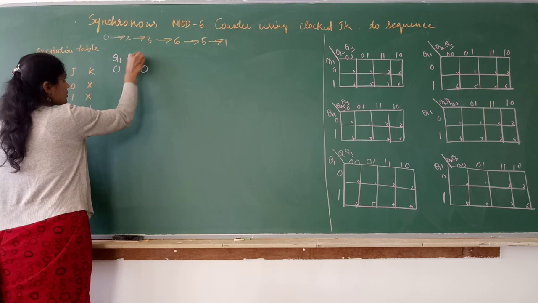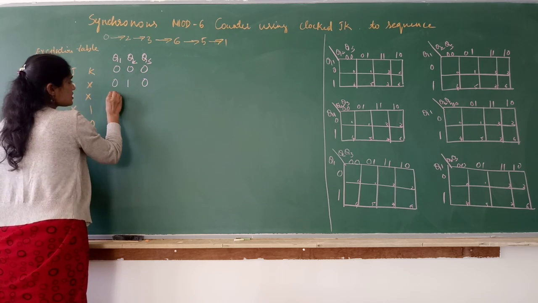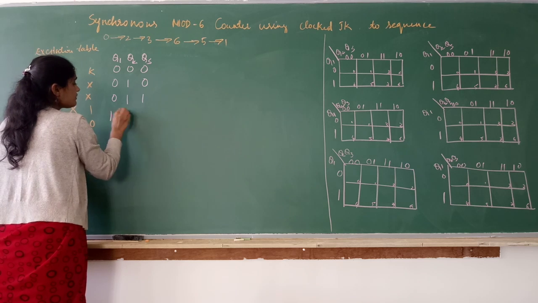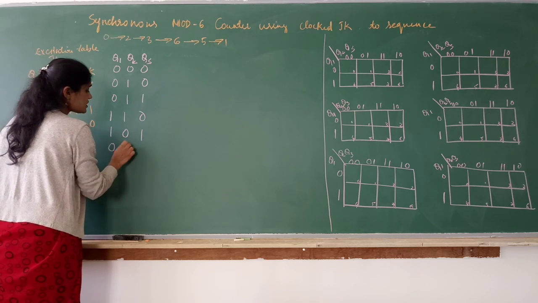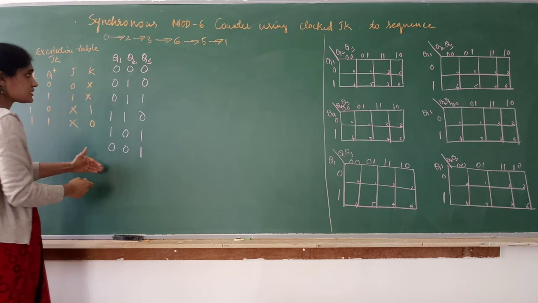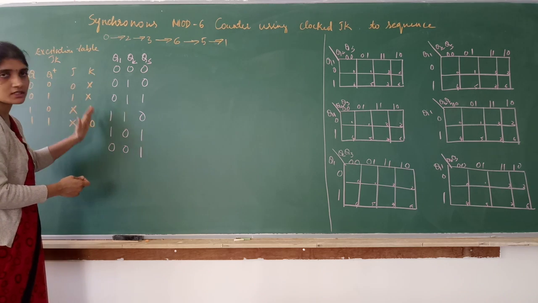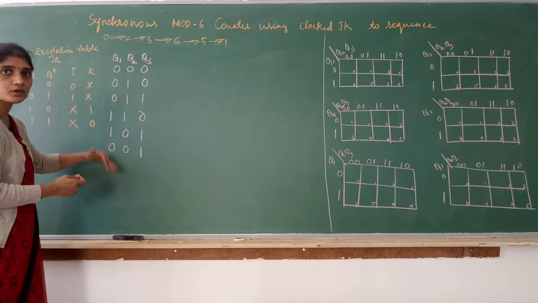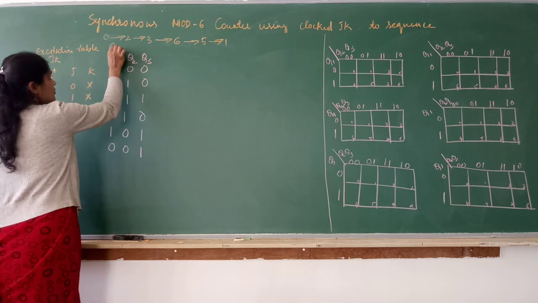Q1, Q2, Q3. 010. Next, 3 is 011. 6 is 110. 5 is 101. 1 is 001. Again the sequence repeats. So here we write only the 6 unique states; after that the sequence is going to repeat, and we are not considering that. So this is the counting sequence.